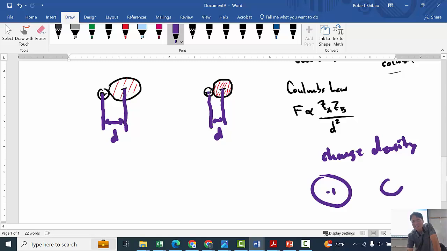And I compare that to chloride. Chloride is -1. They both have the same charge. What's the difference? How concentrated the charge is. The size. And so here we have -1 spread out over a bigger sphere. Over here we have -1 concentrated in a smaller sphere. So which one has a higher charge density? The chloride has a smaller size and therefore a higher charge density.